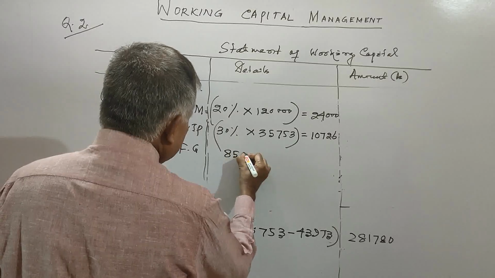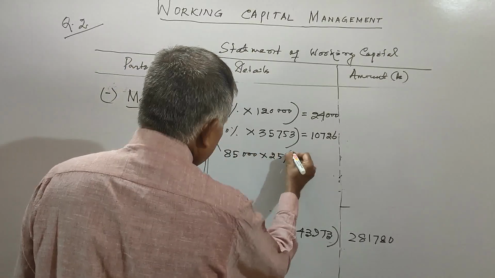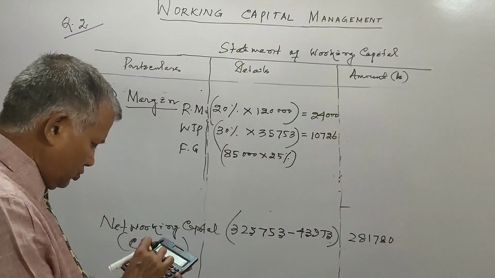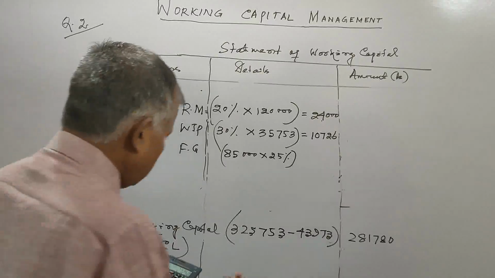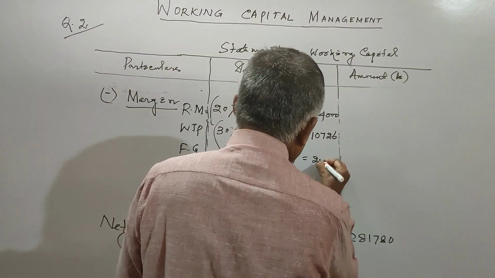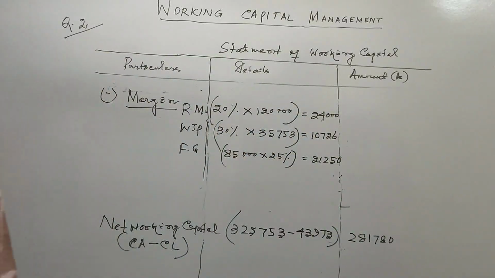Finished goods was 85,000 into 25%. It comes to 21,250. So the margin on finished goods is 21,250.